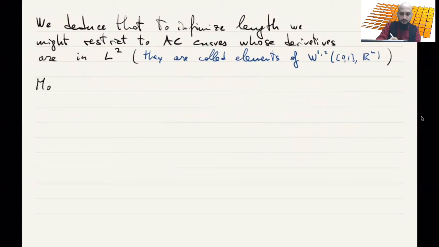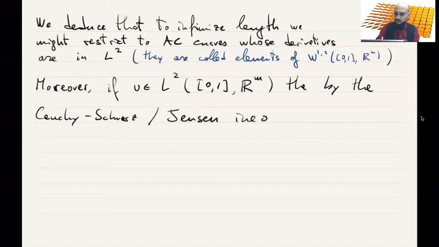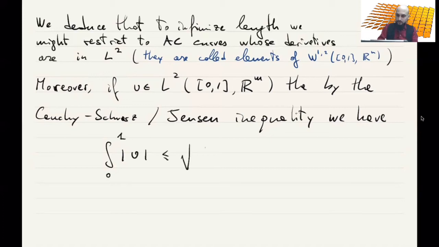But let me observe something more. If I take a control in L2, then by the Cauchy-Schwarz, or equivalently by Jensen inequality, it is a very simple exercise to check that the L1 norm is less than or equal to the L2 norm.